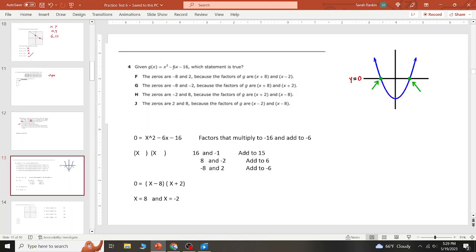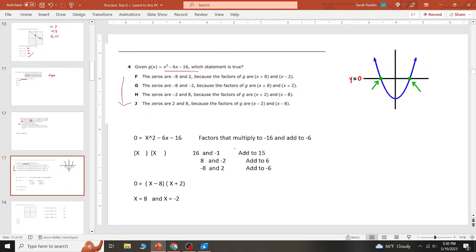Okay, given g of x, which statement is true? Well, it's asking us what the zeros are. Remember, zeros is where our y is equal to 0, so it crosses the x-axis. So the first thing we'd want to do is factor this thing right here.